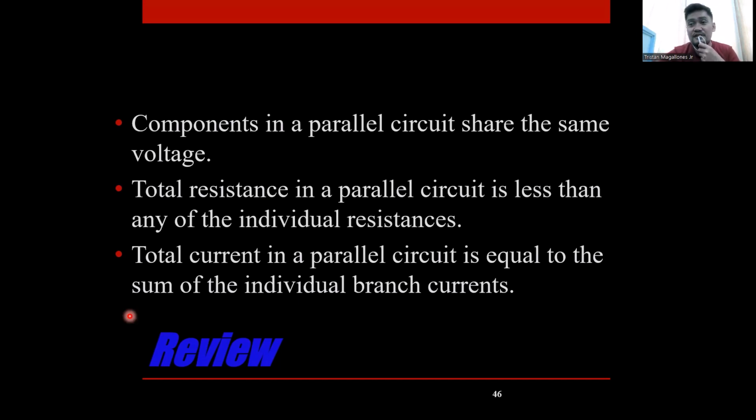They have the same voltage for any element in your parallel circuit, and then the total resistance in a parallel circuit is less than any of the individual resistances, and the total current in parallel is equal to the sum of the individual branch currents.